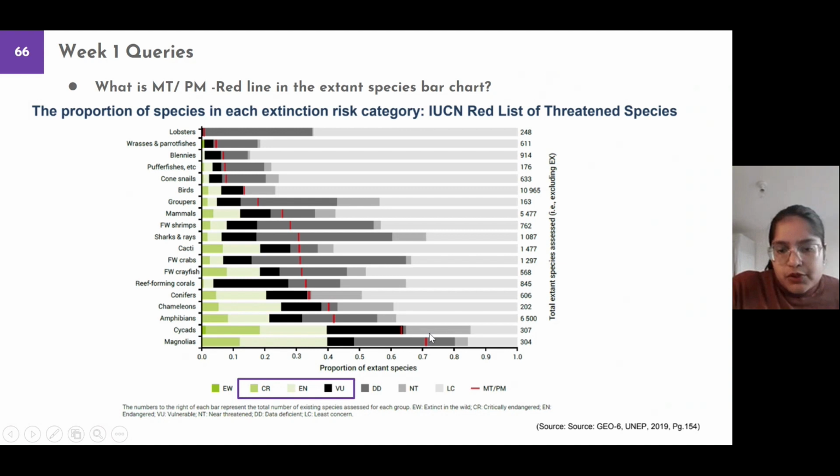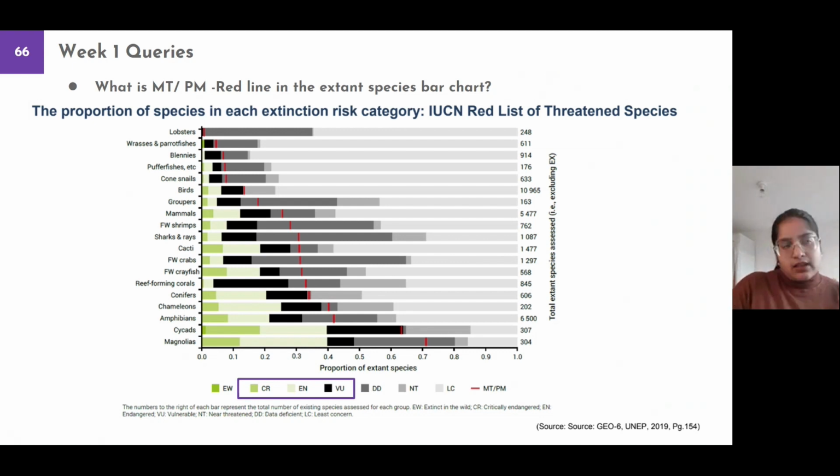So we see that the red line basically shows the proportion of existing species, excluding the extinct in the wild category. So this is basically the sum of all of these, the light green, vulnerable, and part of the data deficient category, because data is not available about these species.